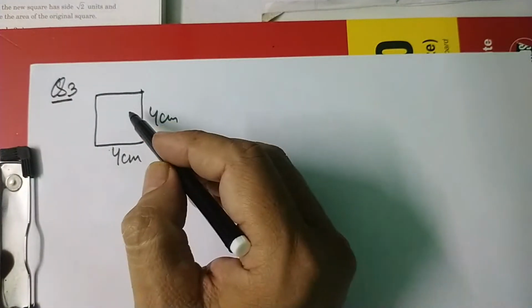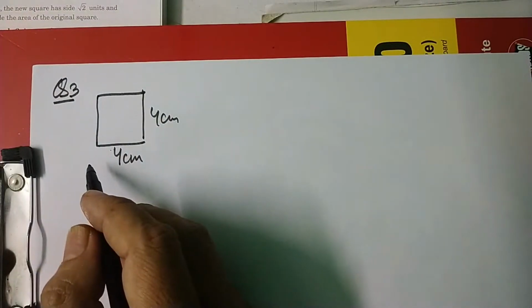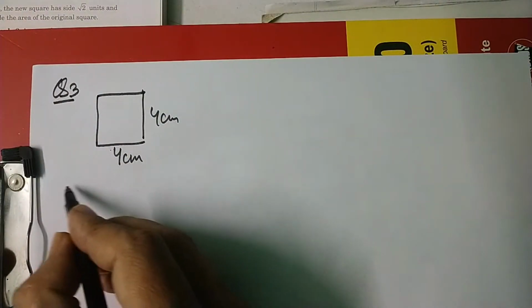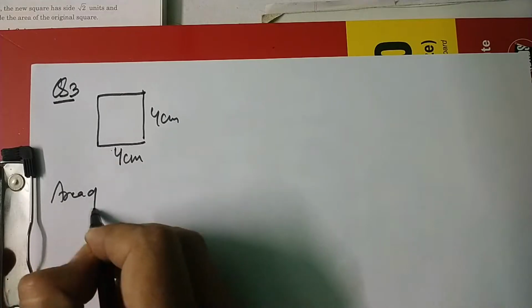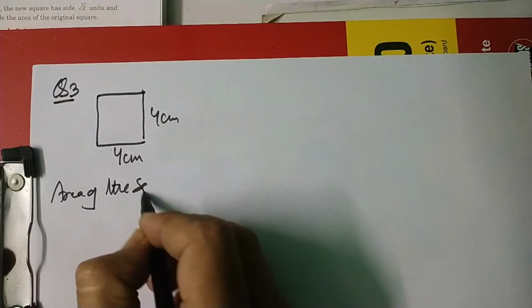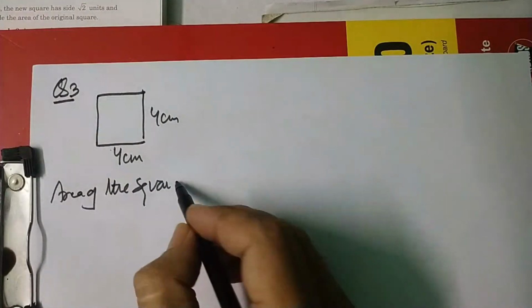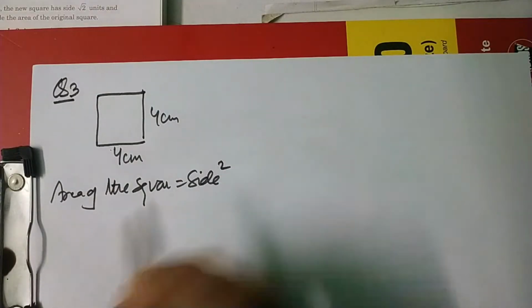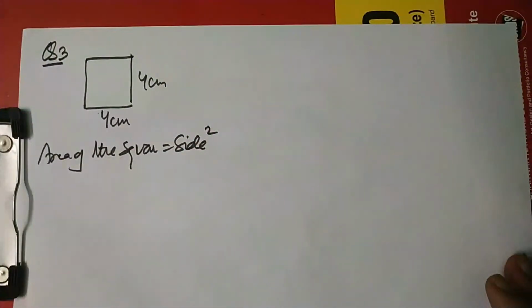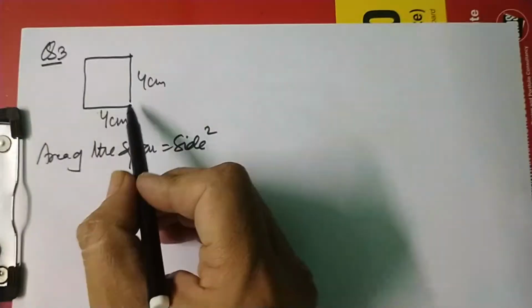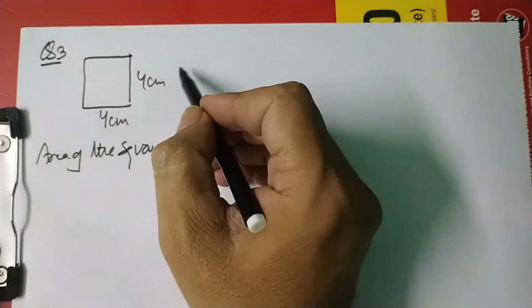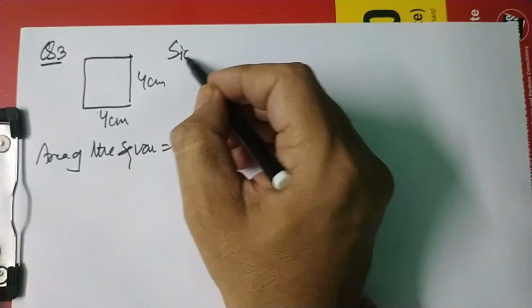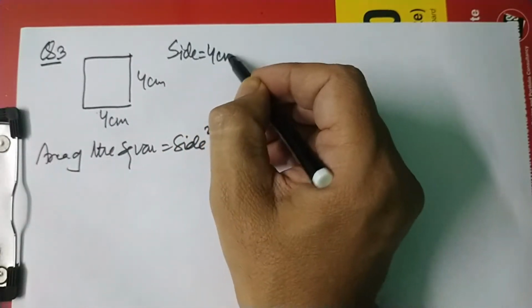So since this is the square given, what will be its area? Area of this square will be side square. And what is the side of this square? It is given that its side is 4 centimeter.